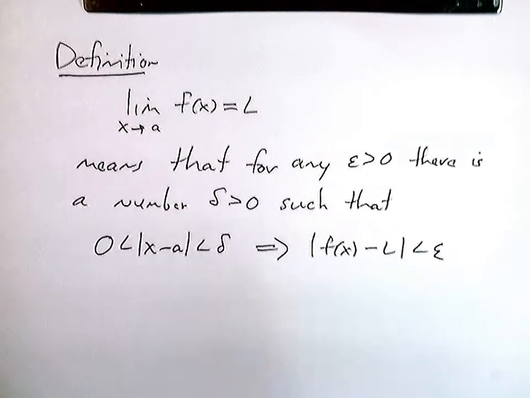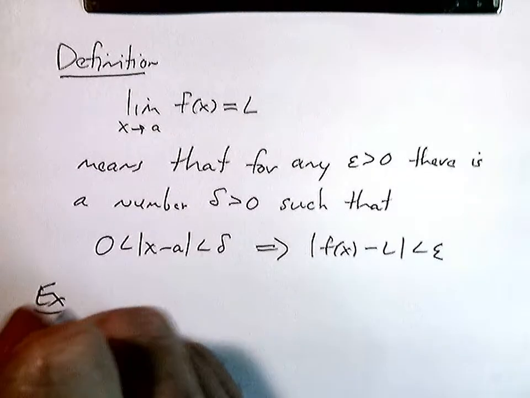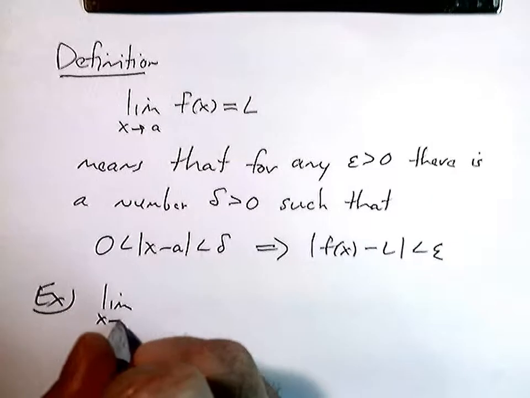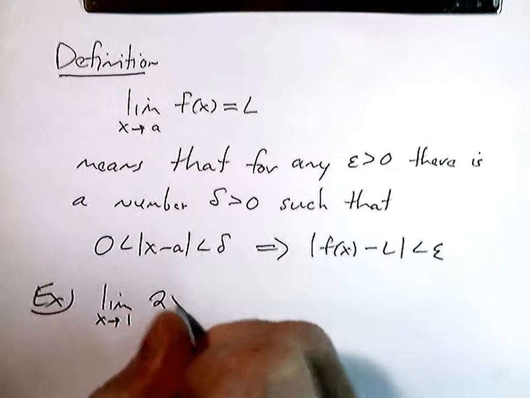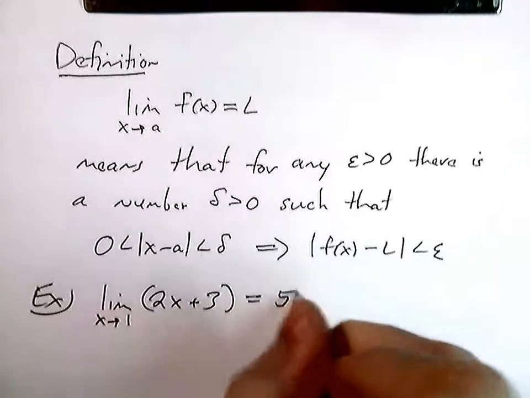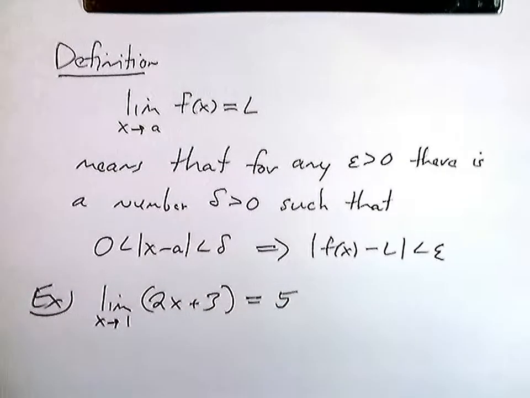So we have to kind of reason this out and see what's going on with a specific instance. And we can look at a simple example. So let's say I claim the limit as x goes to 1 of 2x plus 3 is 5. Okay, and I'm going to use this definition.